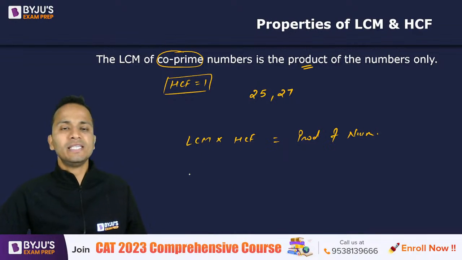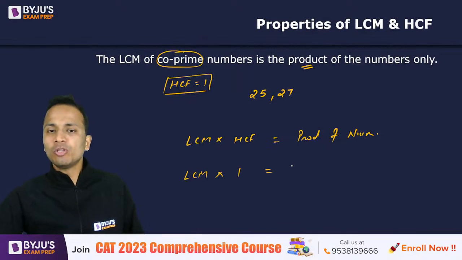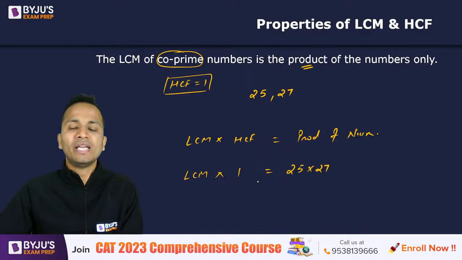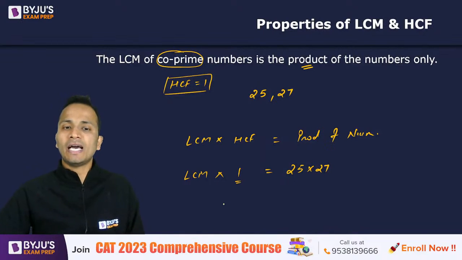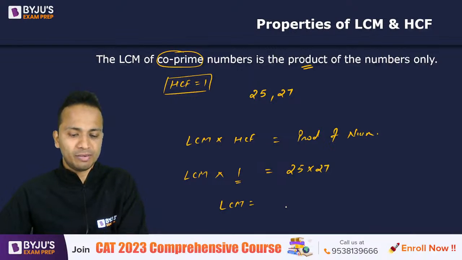Now what is LCM? We have to find out LCM, so let's leave it as it is. LCM multiplied by HCF of these two numbers, which is 1, is equal to the product of the numbers 25 into 27, right? So LCM multiplied by 1 is equal to 25 into 27. Now since HCF was 1, I can say that LCM will be equal to 25 into 27 and that is equal to the product of the numbers.